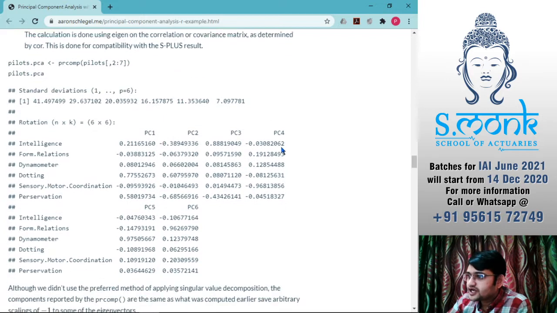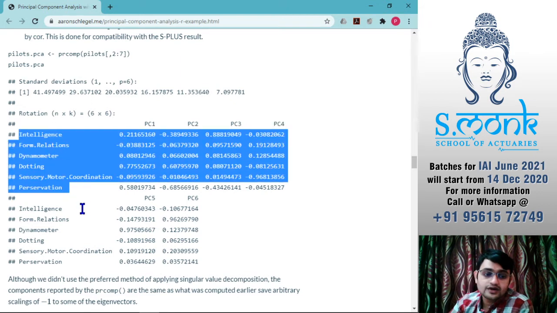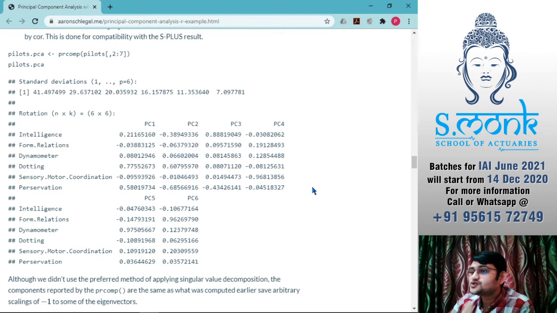What happens is it gives you PCA1, PCA2, PCA3 and so on. This is the ratio of your variances, how much variance is included in which particular variable, which variable is contributing most of the variance. That is what we are checking here.